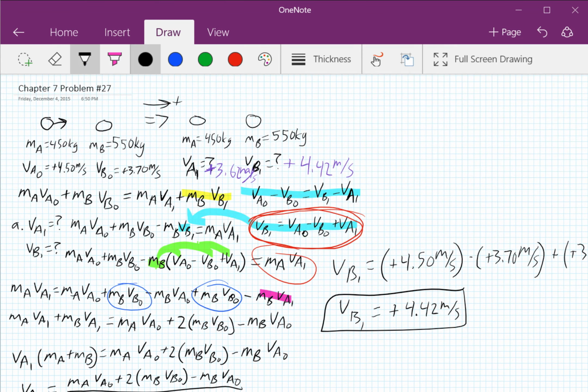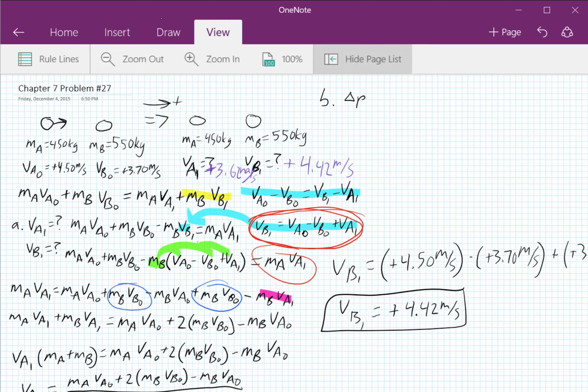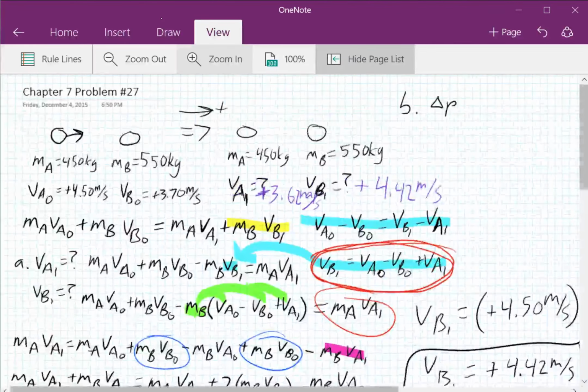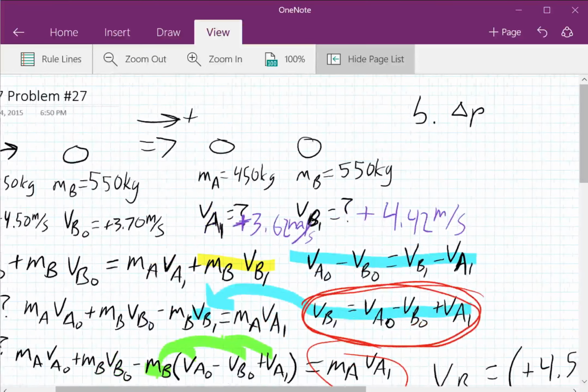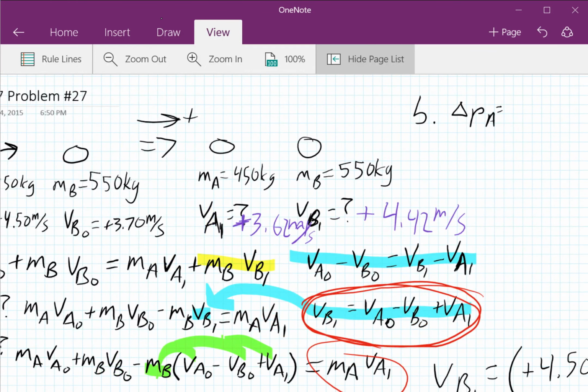And part B, delta PA equals, and delta PB equals. So change of momentum for object A, change of momentum for object B. Okay.